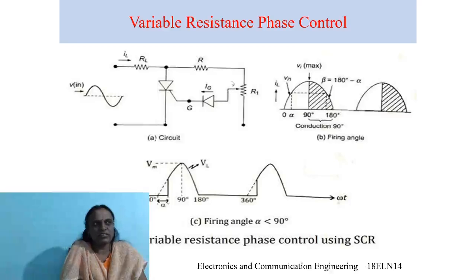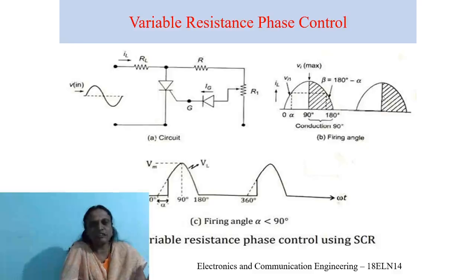If R1 is adjusted for the firing angle alpha, the firing will take place at alpha less than 90 degrees. At 90 degrees, the input voltage is maximum. So the operation of this circuit is known as half wave variable resistance phase control.